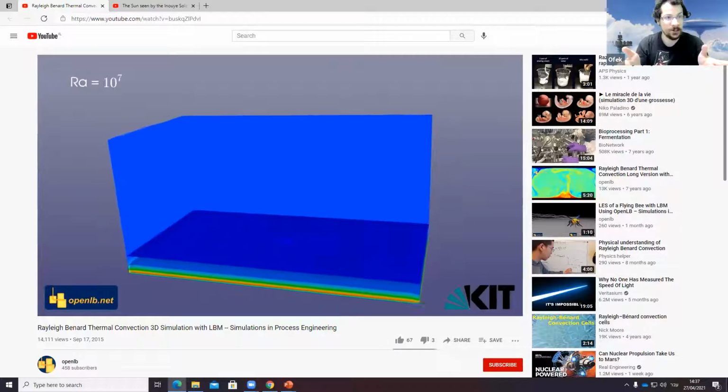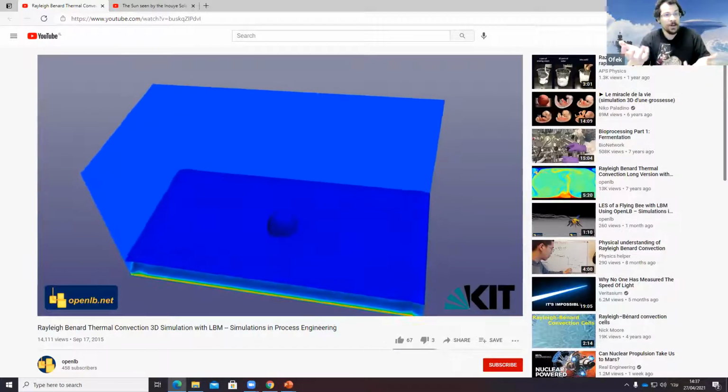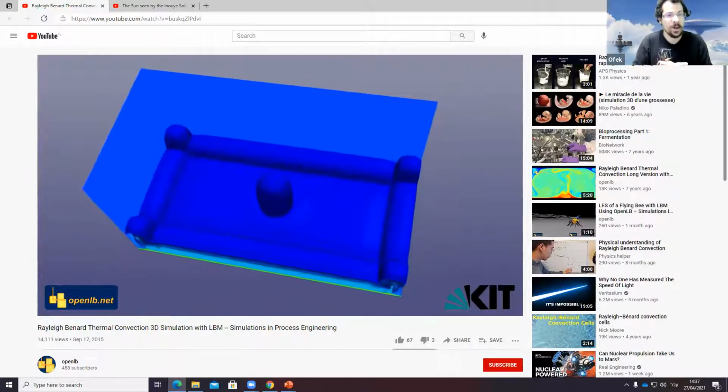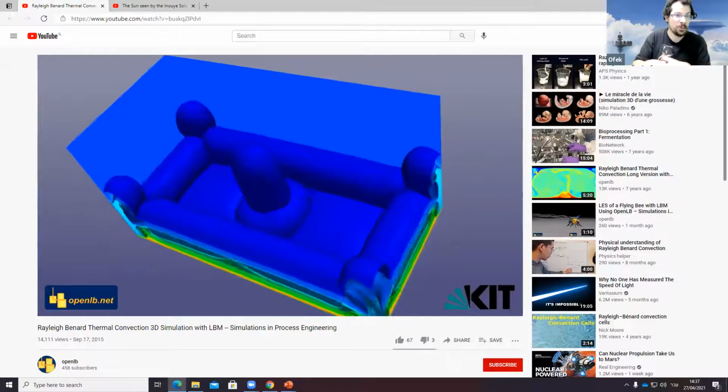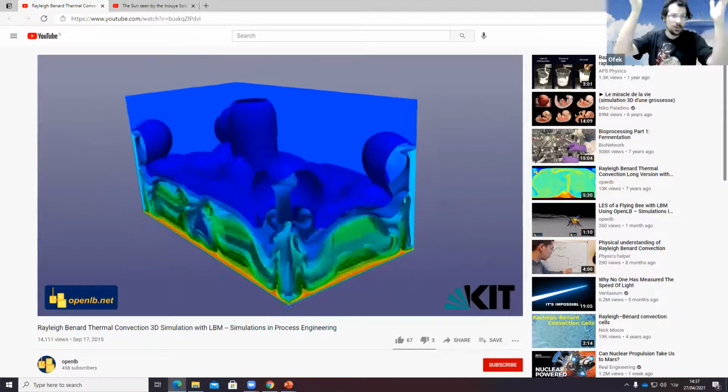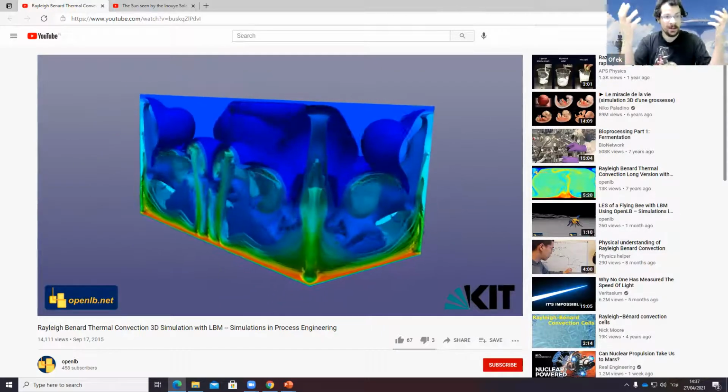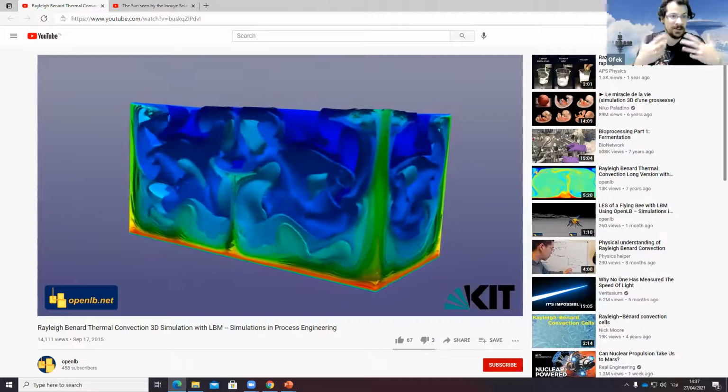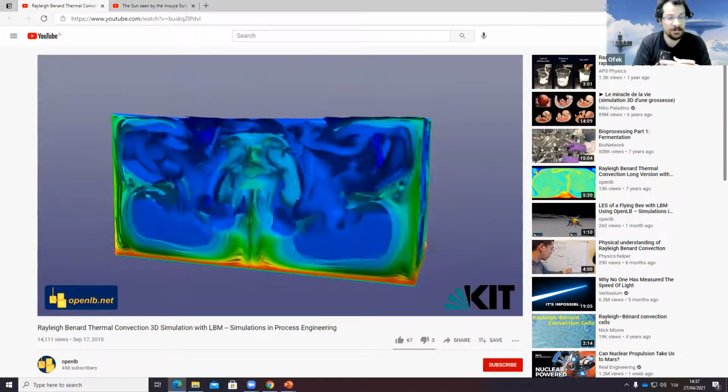cold fluid going down. This is very similar to weather systems, where hot air and hot water vapor goes up, eventually cools down, and if it cools down enough, it turns back into water and falls on us as water droplets and rain.